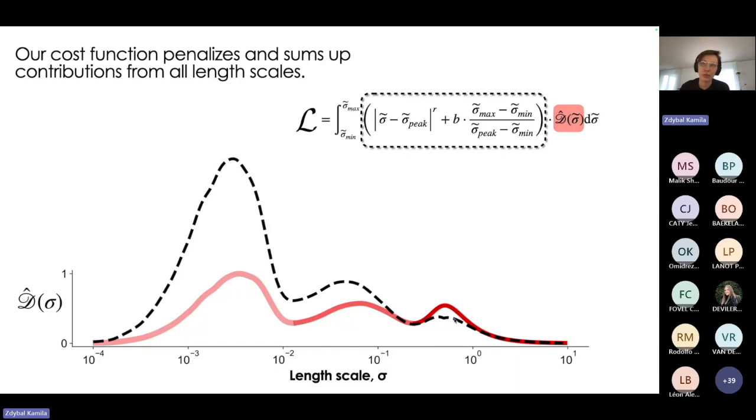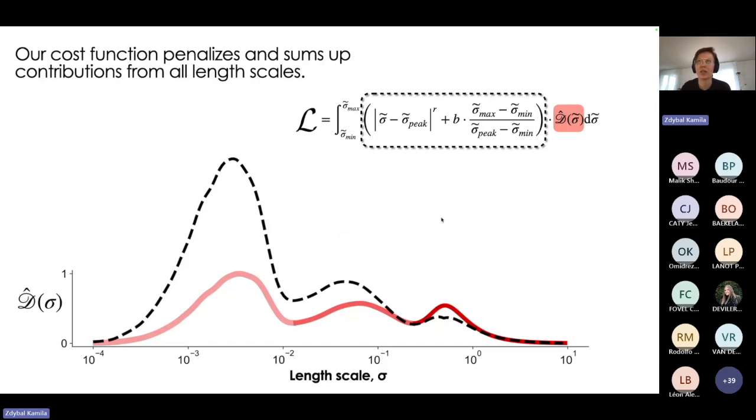And once we multiply it, we get this resulting curve that looks slightly different from the original one. And especially, it kind of amplifies this variation that happened for very small length scales.